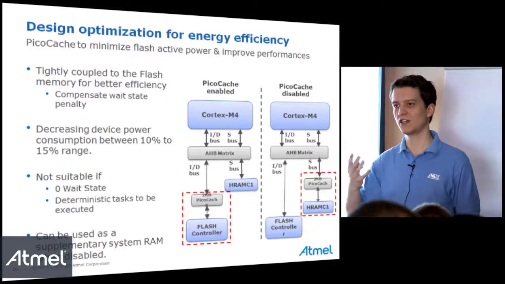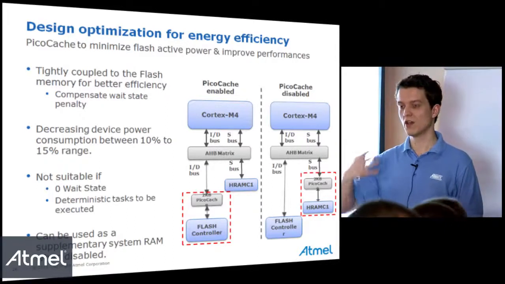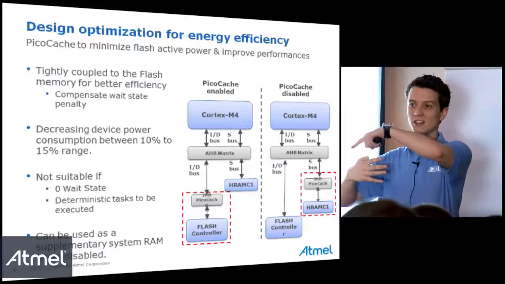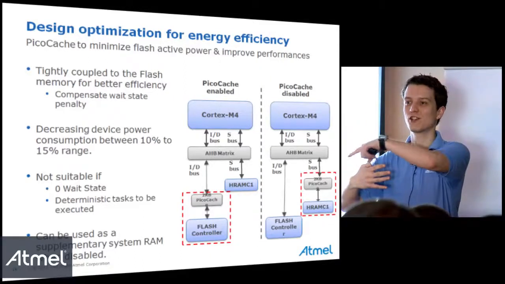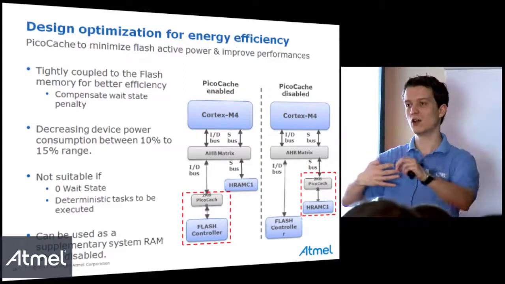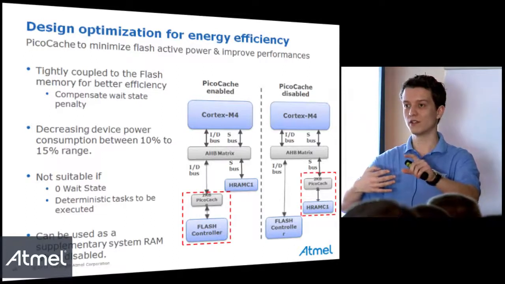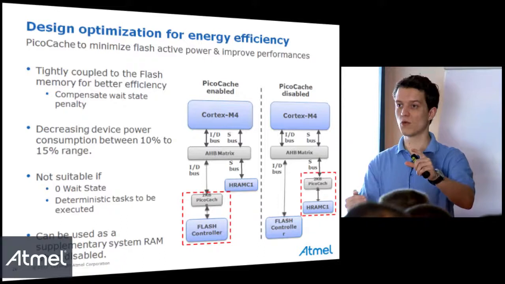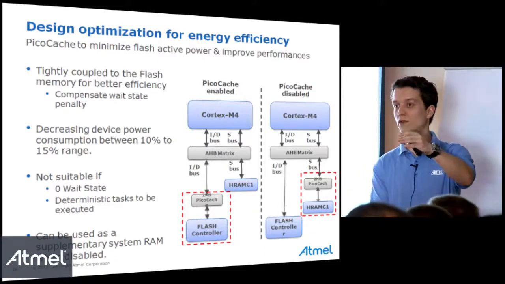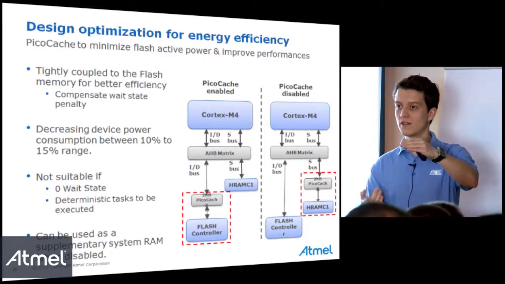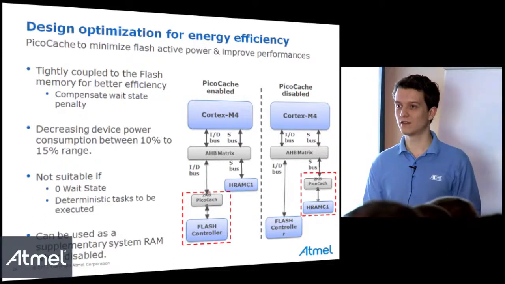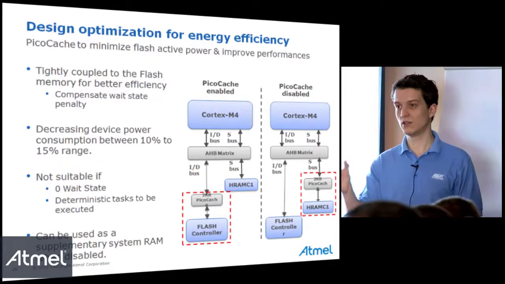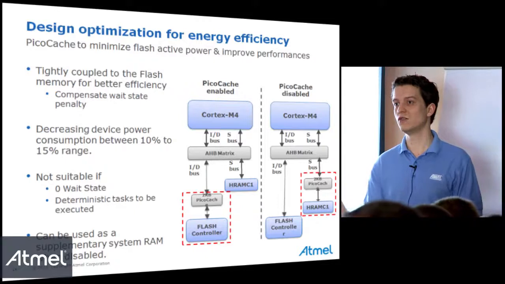Frederick will have a dedicated slide for the SAM4E on this, but as soon as you fetch an instruction or data in the flash, it will copy it into one of the ways. As soon as the way is full, it goes to the second way, until the fourth way is full. Do you copy only the instructions that you are executing?